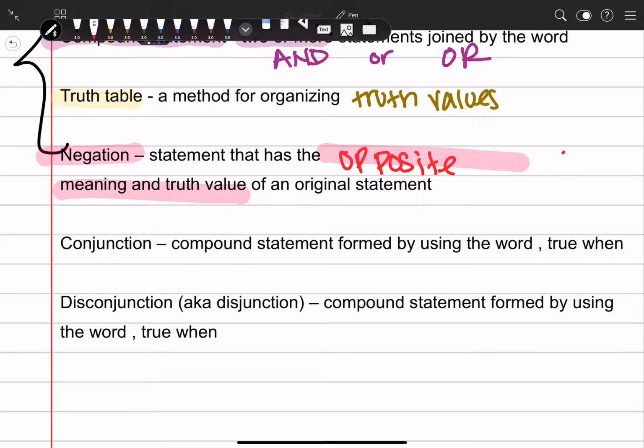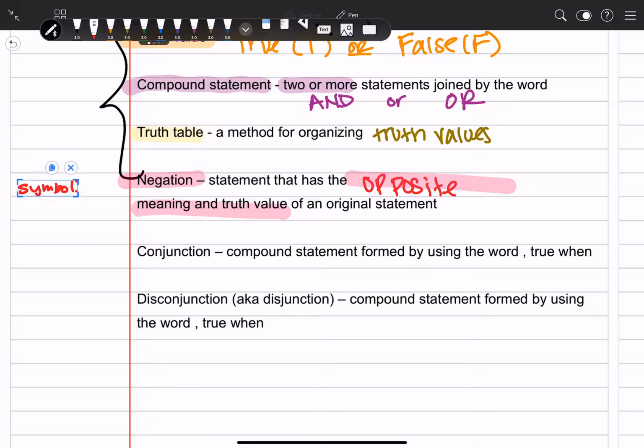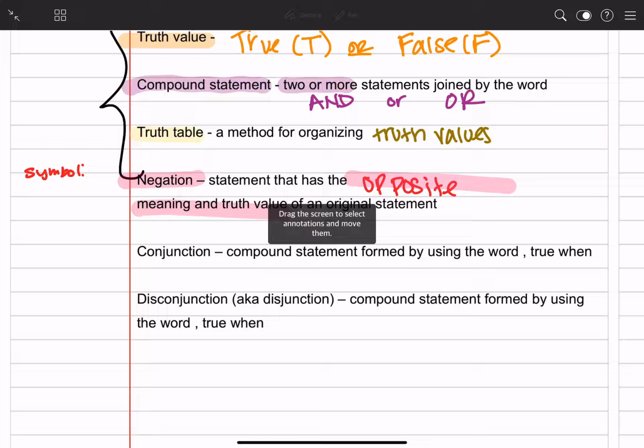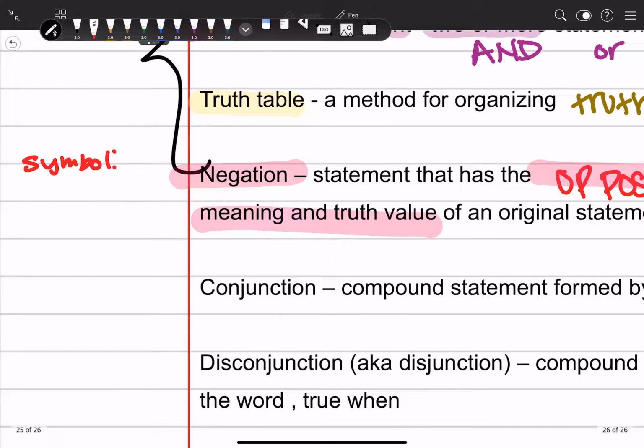You are going to use a symbol for that. And if you don't have enough room there, instead of writing it here, you can write it out in your columns, kind of like what we do for Cornell notes. But this way it's a note and you see what it means. So the symbol for this is this.